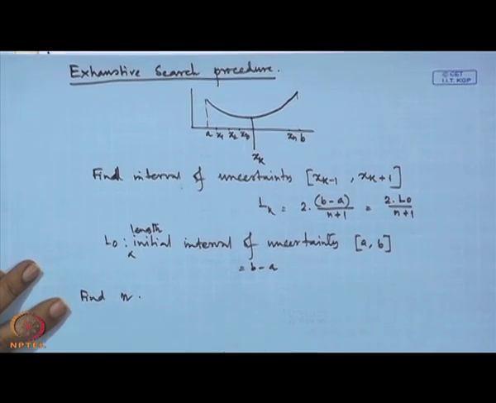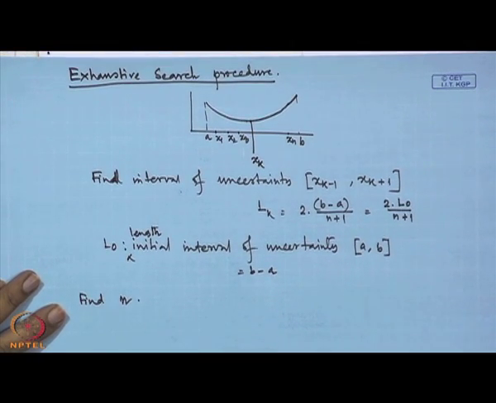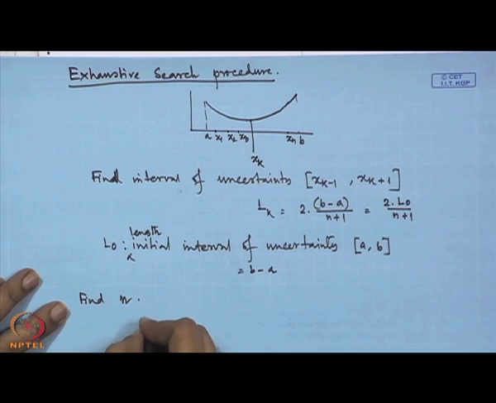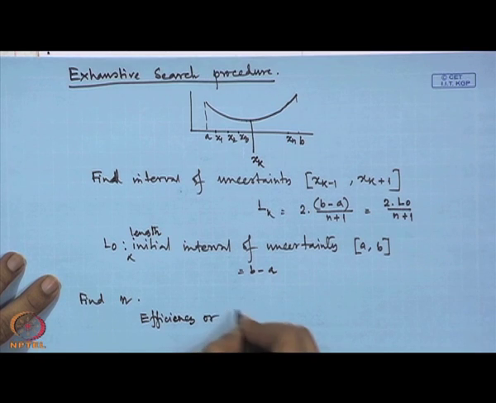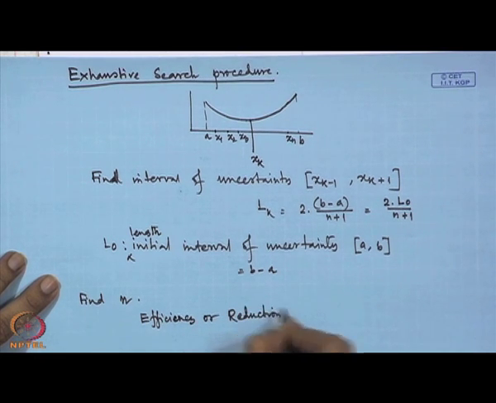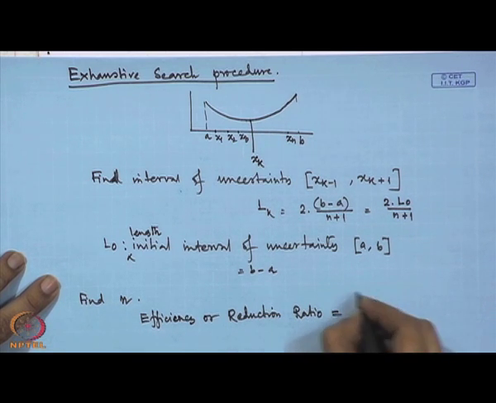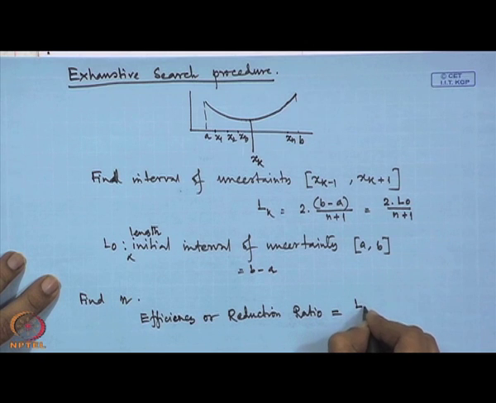That is why there is a measure for any region elimination technique, called the efficiency of the searching technique, or rather the measure of efficiency. This is also named the reduction ratio. This is equal to Ln by L0.